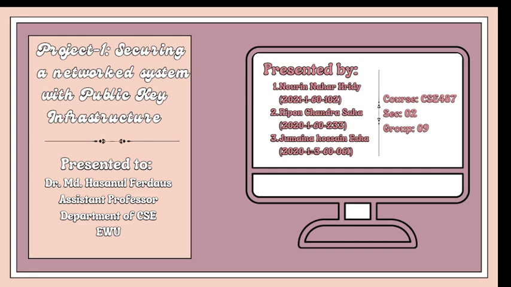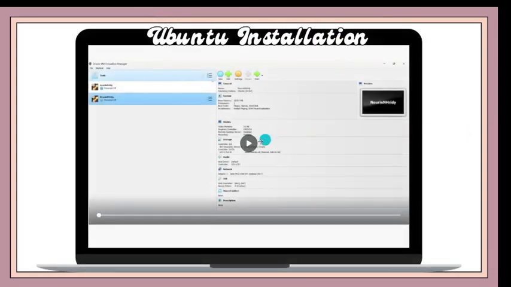At first, I am going to give a brief discussion about how to install Ubuntu. We all know Ubuntu is a popular open source operating system known for its stability and user friendliness.